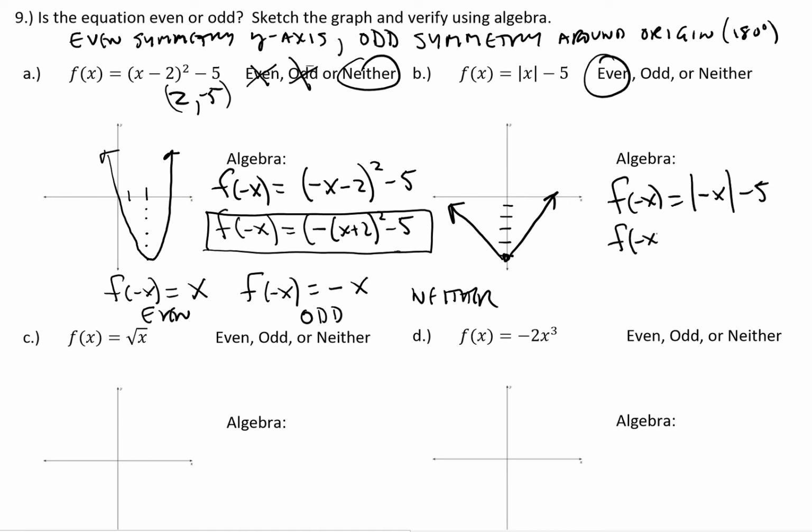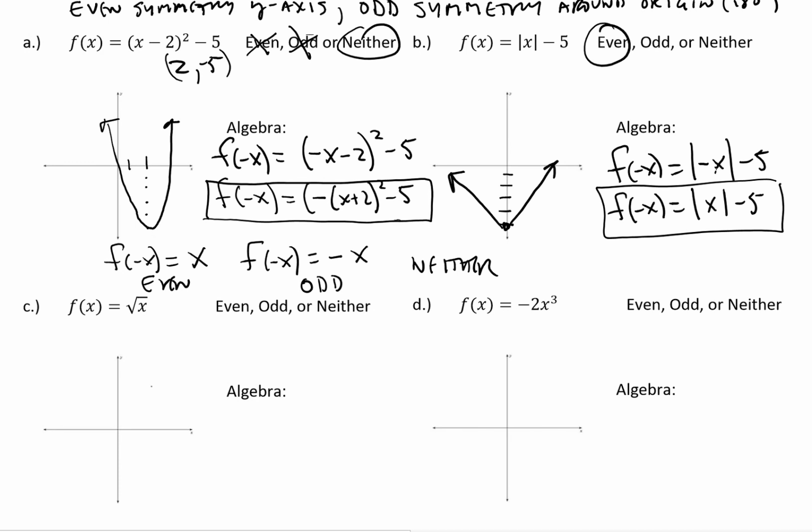So then we get the absolute value of x minus 5. Now, because this is the absolute value of -x, this is going to be the same thing, right? Whether this is negative, this is always going to be positive, so it's going to be the same thing. And so since it's the same thing, it's even. And so this is the algebra for that problem.